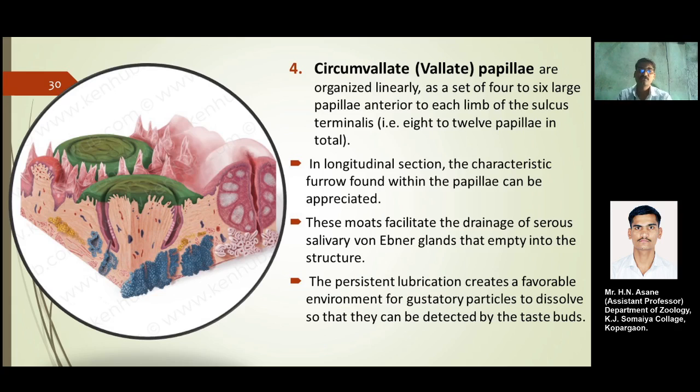The presence of this lubrication creates a favorable environment for the gustatory particles to dissolve, so that they can be detected by the taste buds. The gustatory particles must be dissolved in these lubricating secretions to be detected by the taste buds, so they must be soluble in the circumvallate papillae secretions.